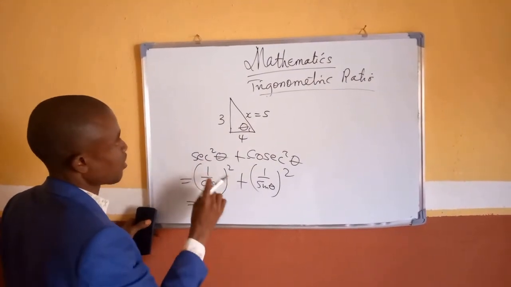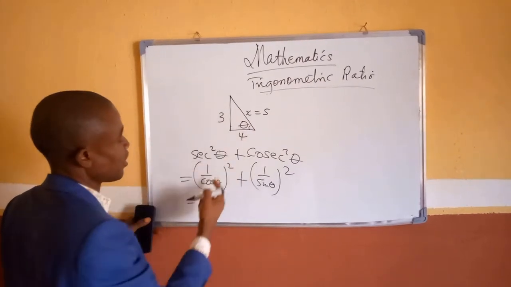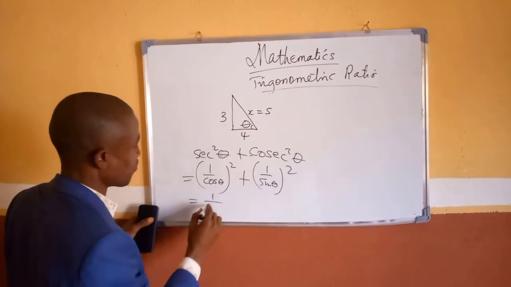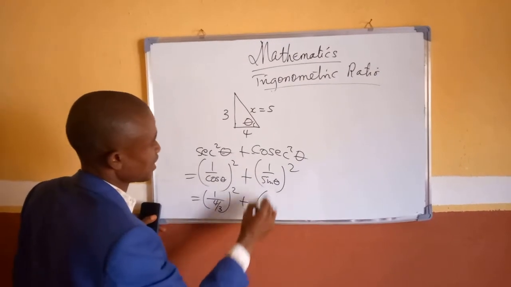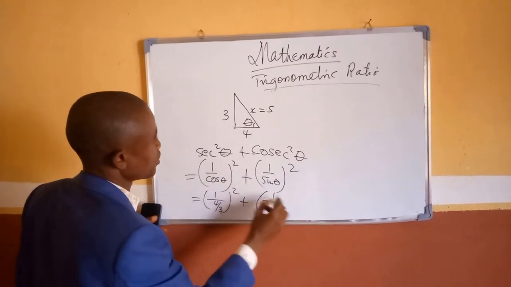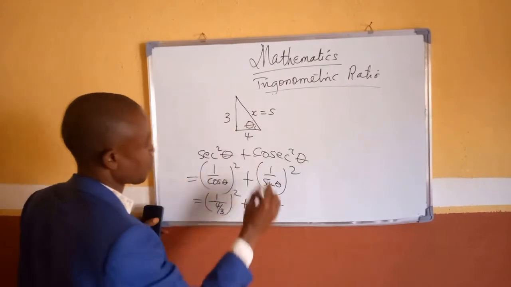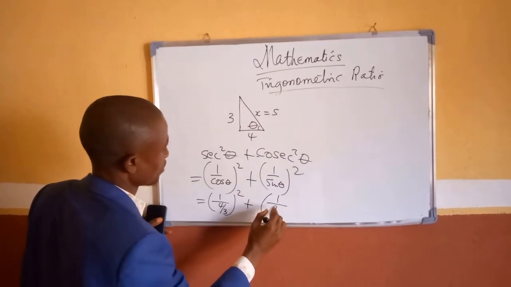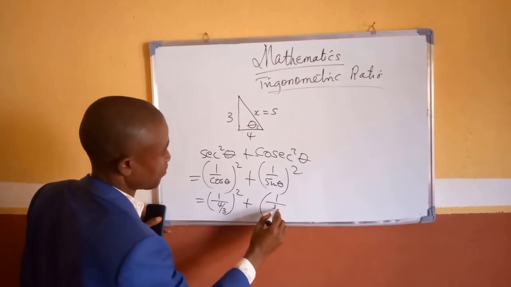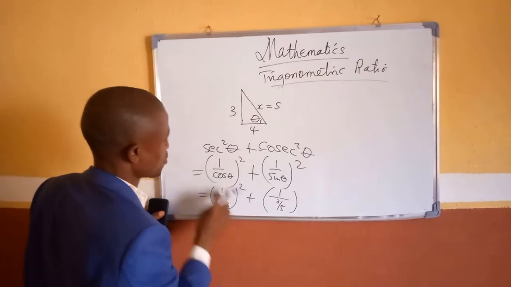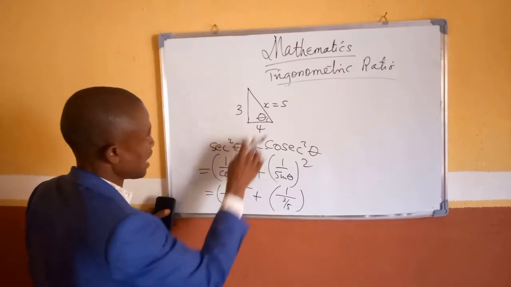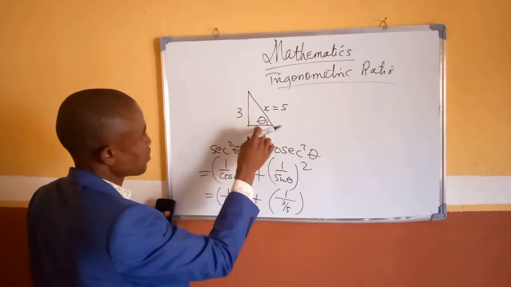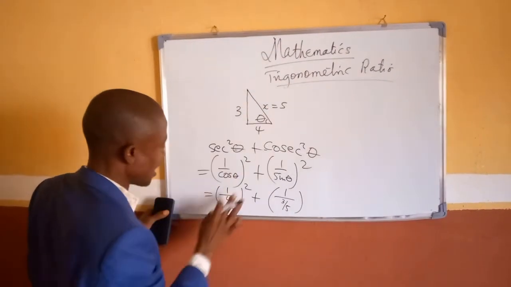So what's our cos? 1 all over cos is what? Hypotenuse over adjacent, that's 5 over 3. And sine is opposite all over hypotenuse, that's 3 over 5. So we have cos, adjacent all over hypotenuse, that's 4 over 5.